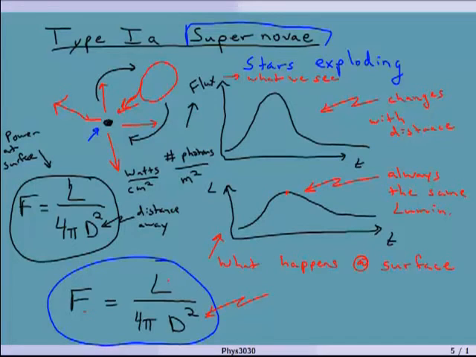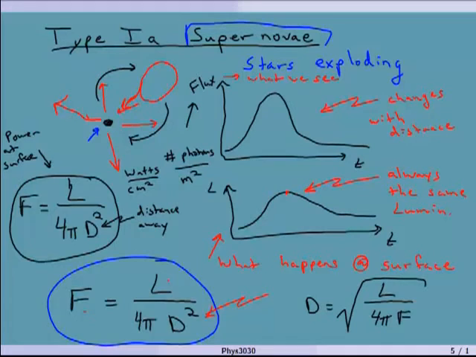Solving for d, it's going to be, let's see, put the d upstairs, L downstairs. So the intrinsic luminosity over 4 pi f is equal to d squared, and d is the whole thing square rooted.